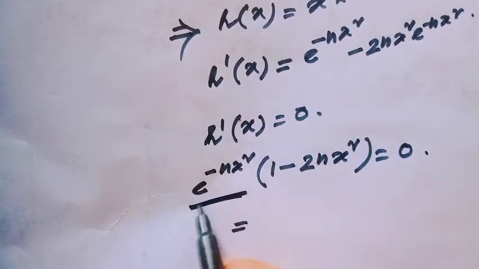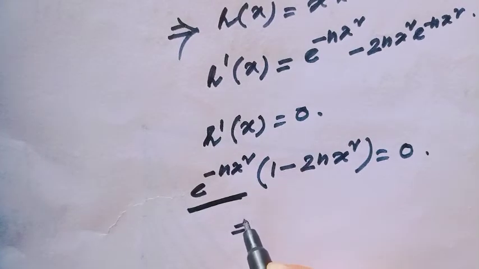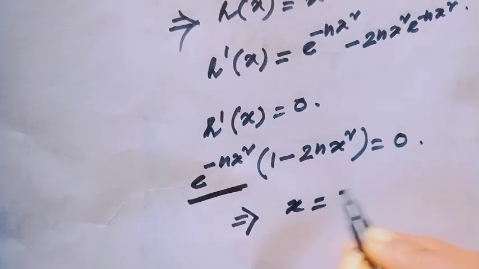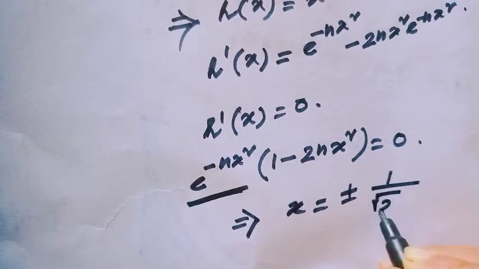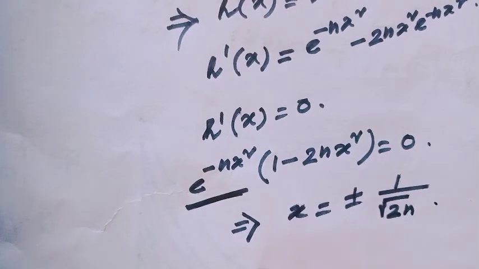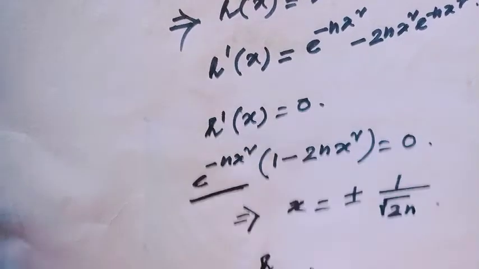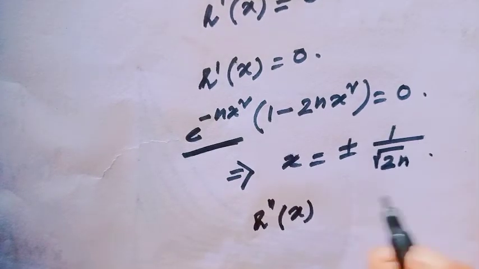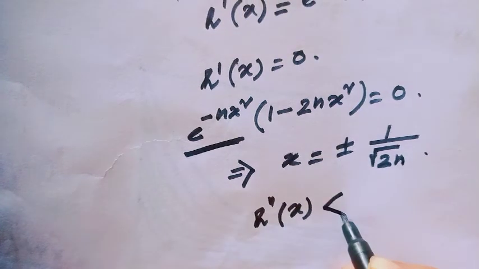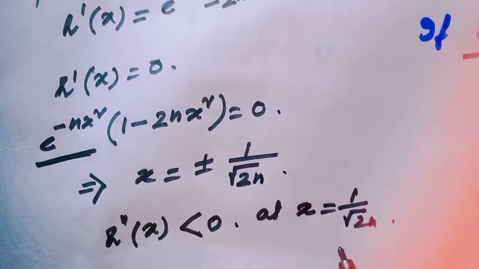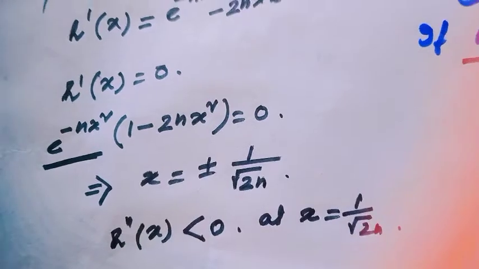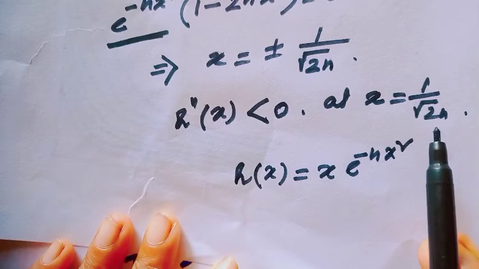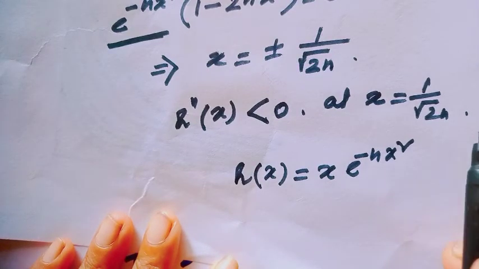Since we know this exponential part is never equal to 0, from this line x equals plus or minus the square root of 1 over 2n. And if you find A double prime x, you will see that at this point A double prime x is less than 0, at x equal to 1 over square root of 2n. That means this function has a maximum value at x equal to 1 over square root of 2n.